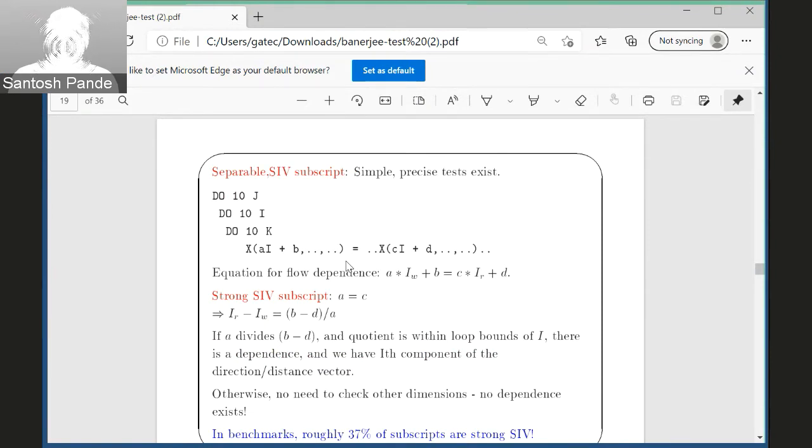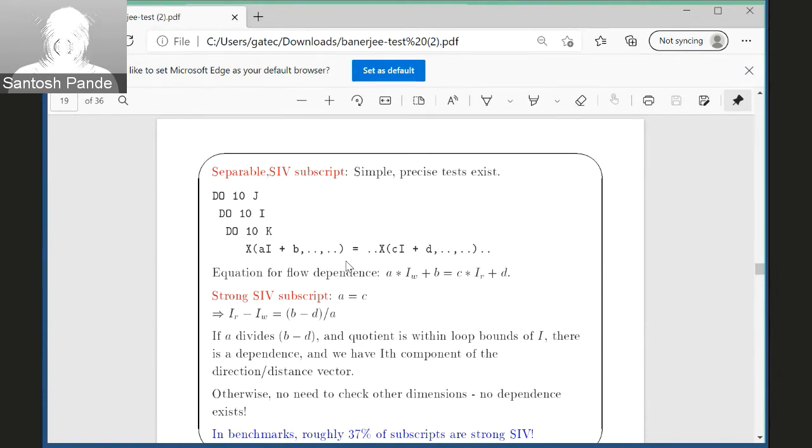So in short, we have only I participating in the dependence equation in the first dimension, and the function which is mapping this I into the array space is not only a linear function, but it's basically something of this form, A of I plus B. So it's a simple linear function involving one variable, as you can see, I. And that happens to be a common case.